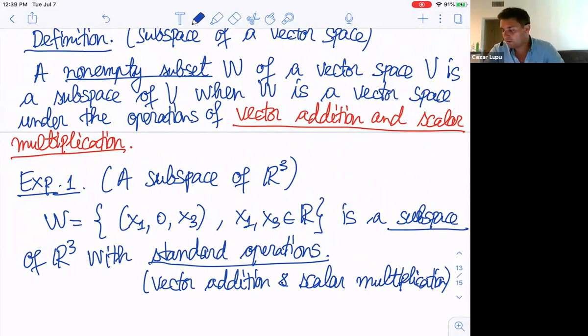So they need to satisfy those, oh my God, 10 conditions. But it would be ludicrous for you to check all those 10 conditions. It won't be necessary, but you will see a criterion for this.